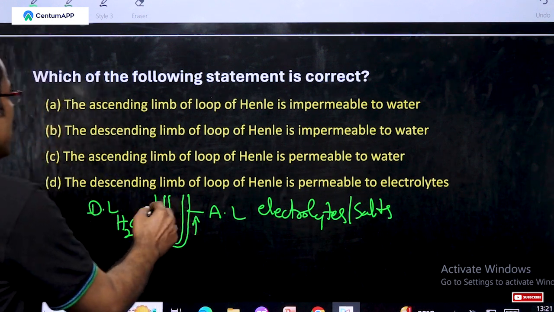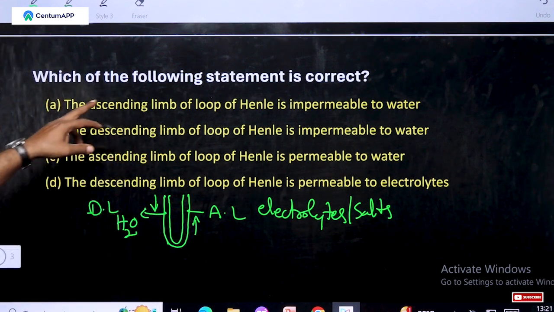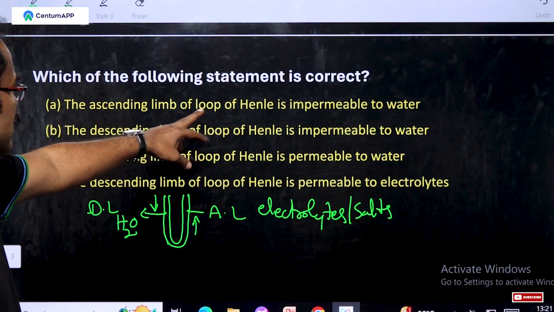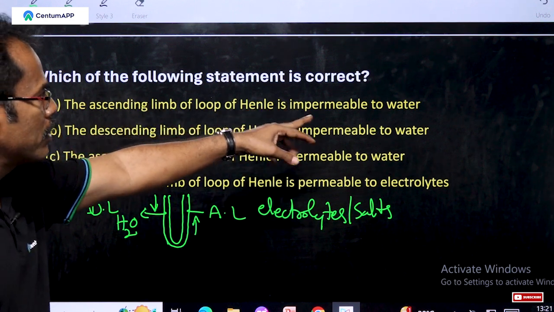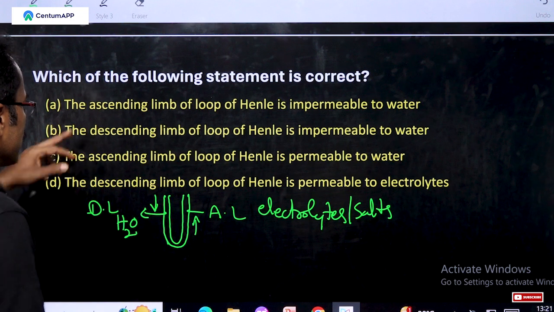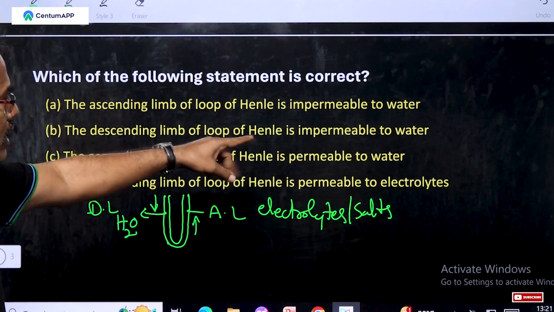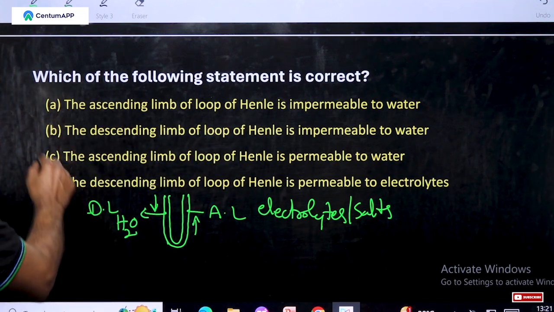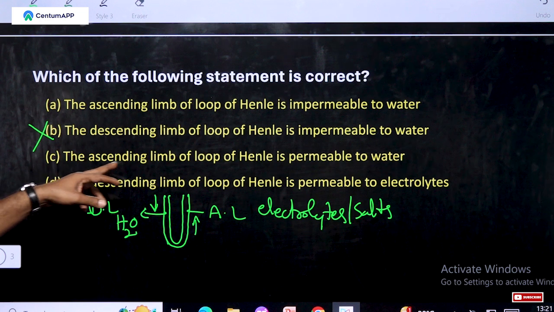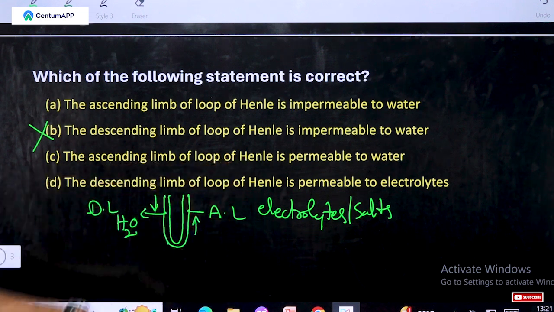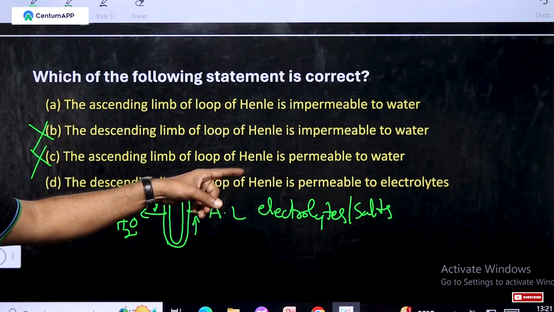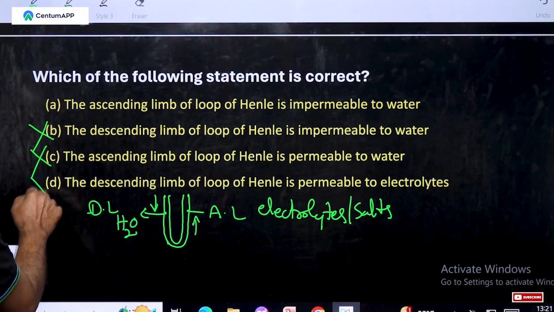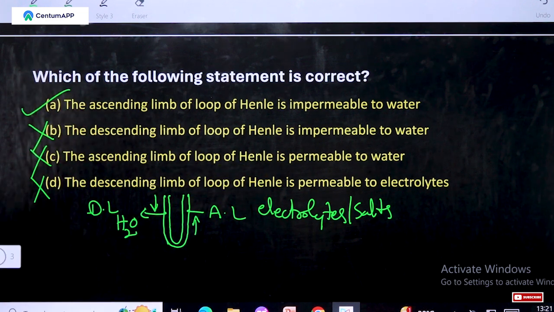So, the ascending limb of Henle's loop is impermeable to water. The second, third and fourth options are not correct. So, our option is A.